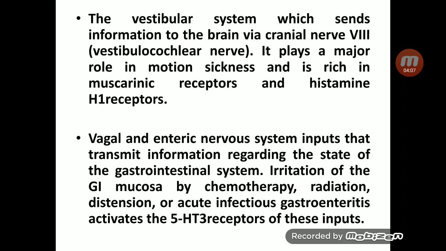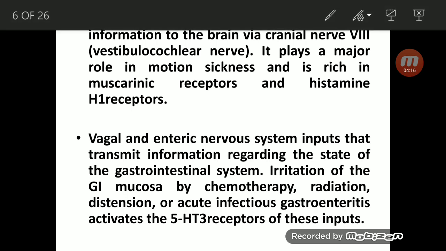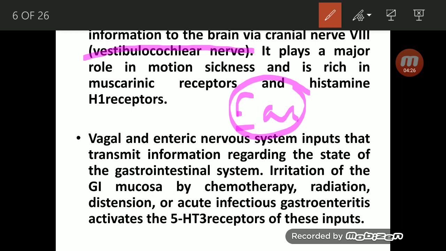The third input, if you see over here, is from your vestibular system. Normally this is from the vestibulocochlear nerve. This vestibulocochlear nerve is present in your ear, and it plays a major role in motion sickness.